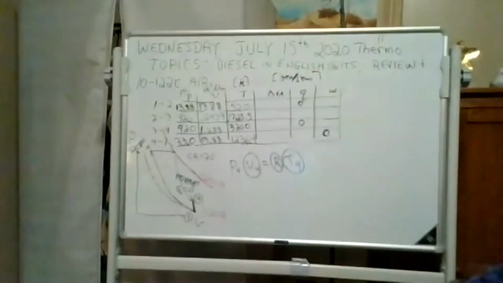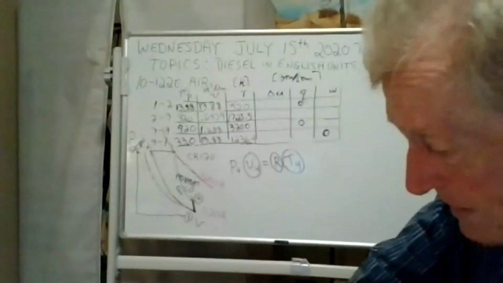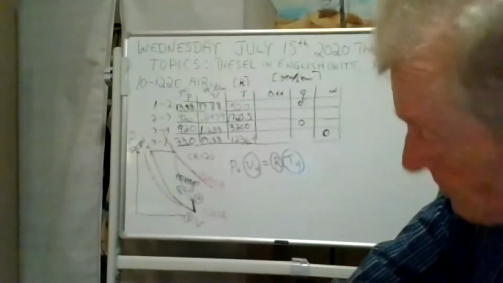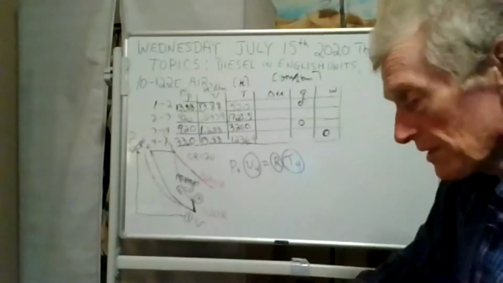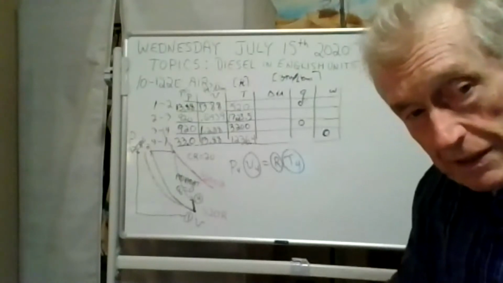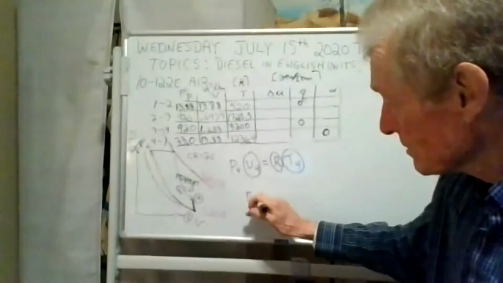All of these are, because see, we're in English. I don't know if I ever told you what a BTU was. If I did, I'll tell you again. It won't hurt anything. What's a BTU?